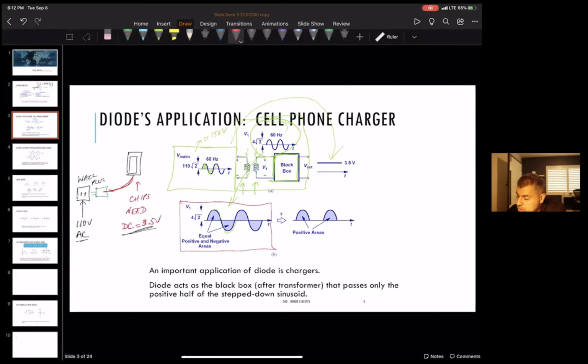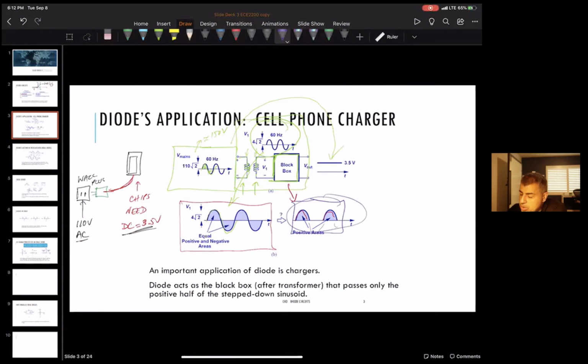A good thing to do would be to take this signal and just pass the positive areas. Okay, so now this signal here has a DC component because we got rid of the negative values. If you integrate this voltage over time, you'll actually end up with a DC component.